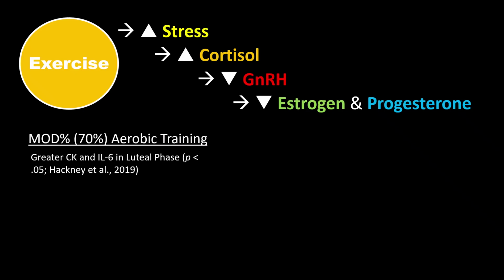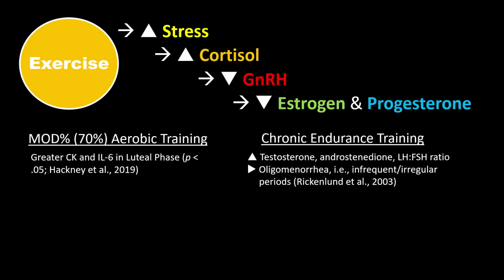Interestingly enough, women express less creatine kinase than men do. So it is interesting because some studies show that their levels will spike above that which will be seen in their male counterparts during moderate intensity aerobic training.